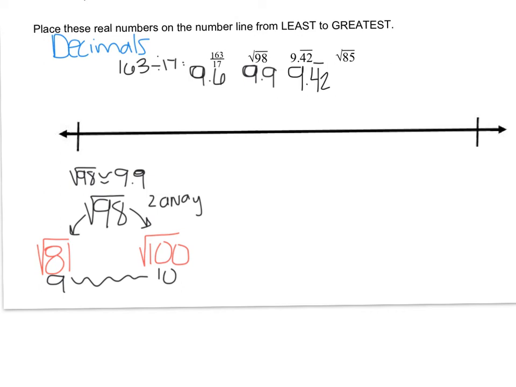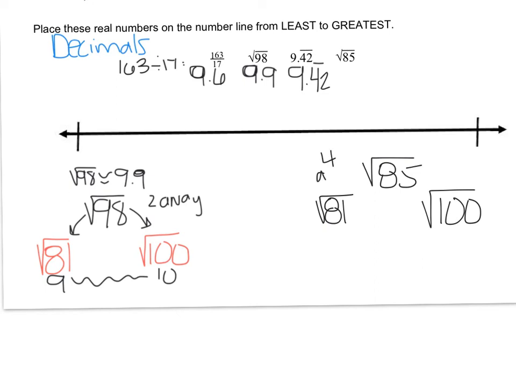Now let's think about this last one. Again, I don't have a whole lot of room, so I'm going to put it down here. Square root of 85. Think about what it's between: 81 and 100. It's only 4 away from 81.